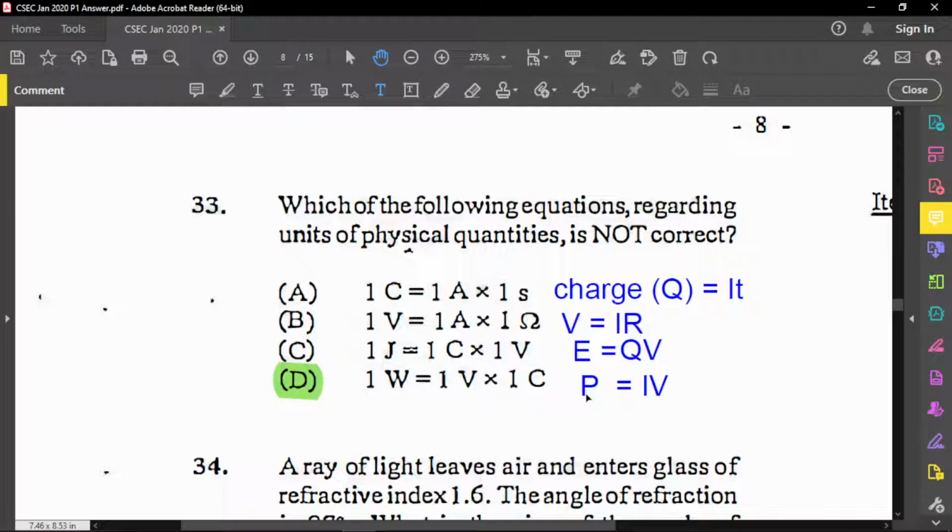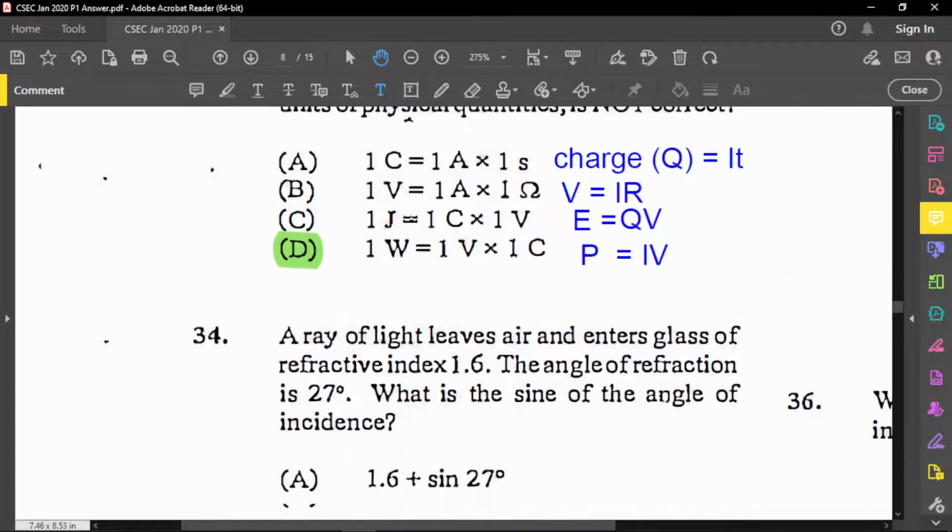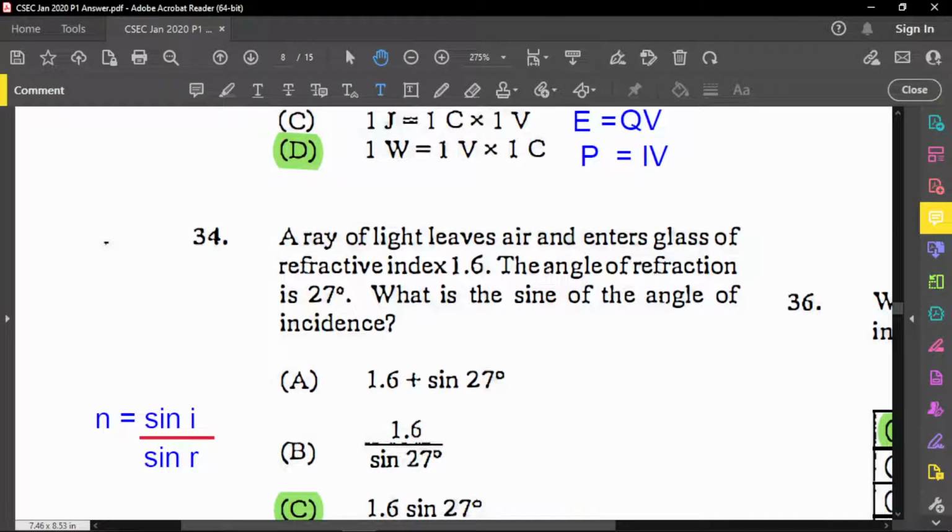Now for 34, it said a ray of light leaves air and enters glass of refractive index 1.6. The angle of refraction is 27 degrees. What is the sine of the angle of incidence?